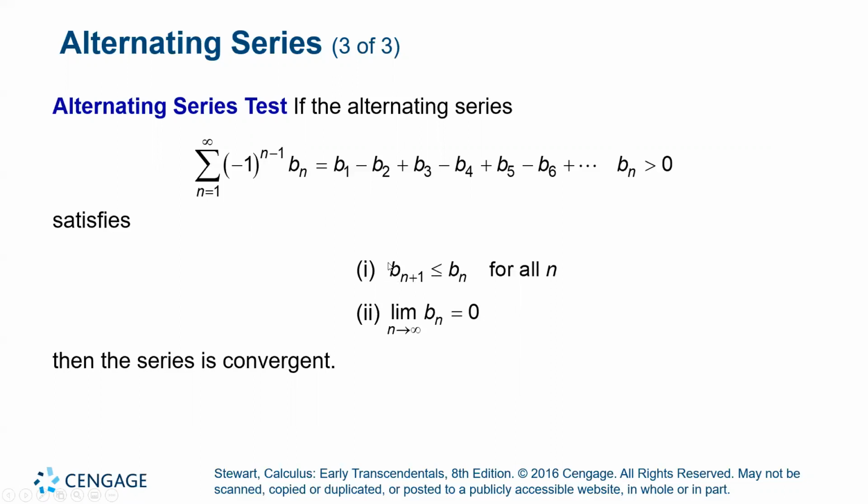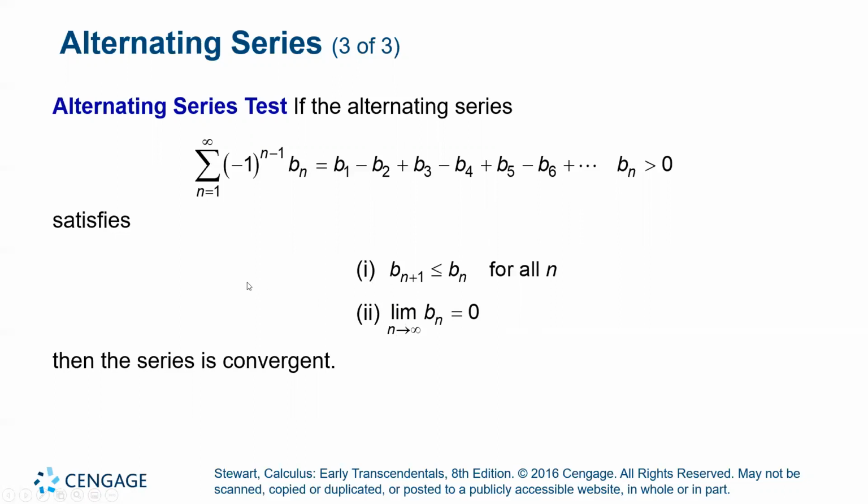If you read this backwards, it might help you understand it a little bit better. Bn is greater than or equal to Bn plus 1. So basically each term is getting consecutively smaller if you ignore the negative and positive signs. And then the second condition is that the limit of the positive portion, Bn, is 0 as n goes towards infinity. If both of those are true, then you can say that your series is convergent.